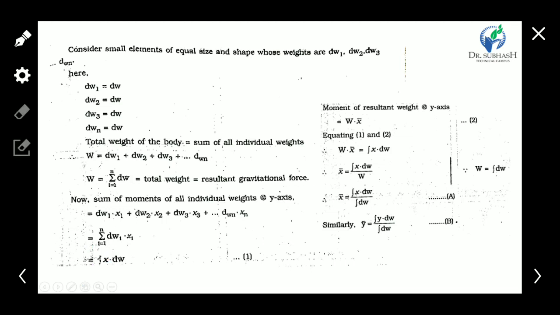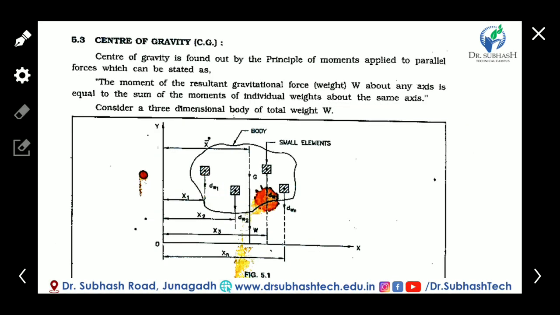Now, another thing: the moment of the resultant weight, meaning the moment of the total weight of the body. This is defined by G, which we consider as the total weight of the body, and this is the center of gravity.